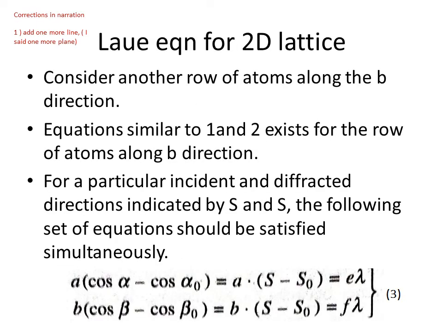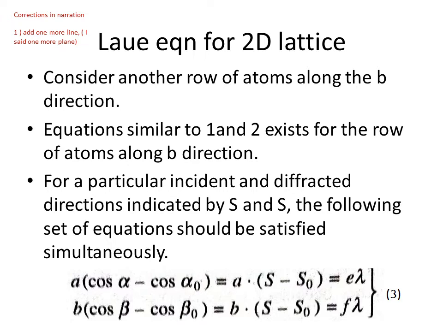Now what we are going to see is that we have to add one more plane. For example, along the B direction, we can think about a row of atoms which are arranged along the B direction.